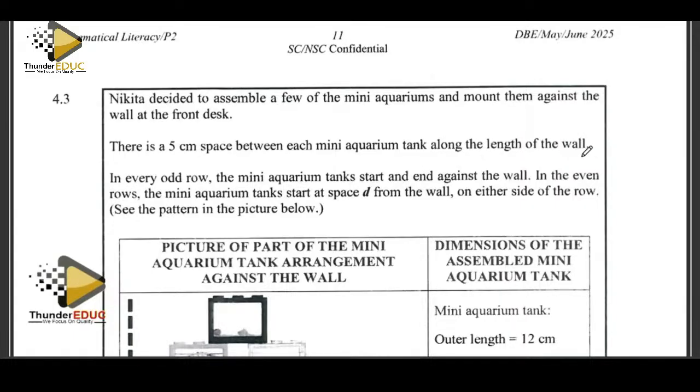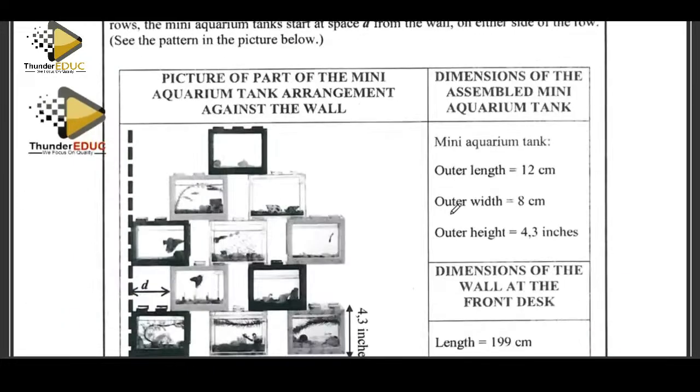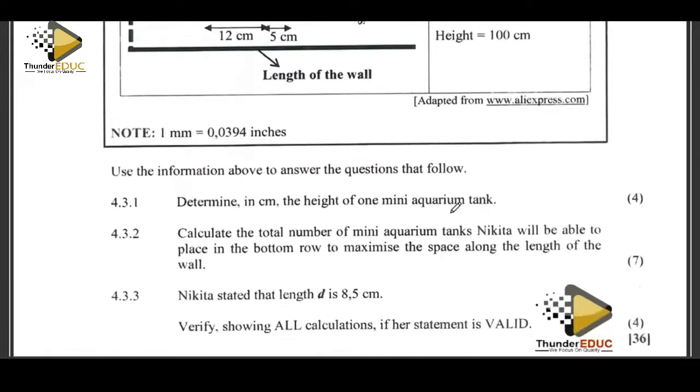In every odd row, the mini aquarium tank starts at the end against the wall. It's fine.